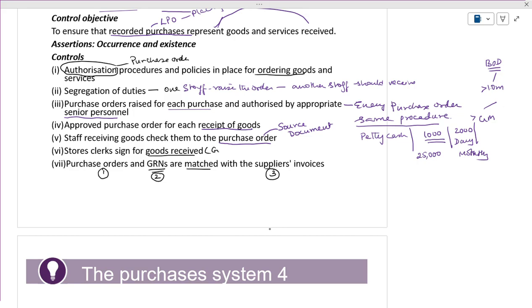It means you are matching the purchase order with the goods received note, and you are matching the purchase order with the supplier invoice. These are the controls. If these three are there, fine, things will work. Are you clear about this?